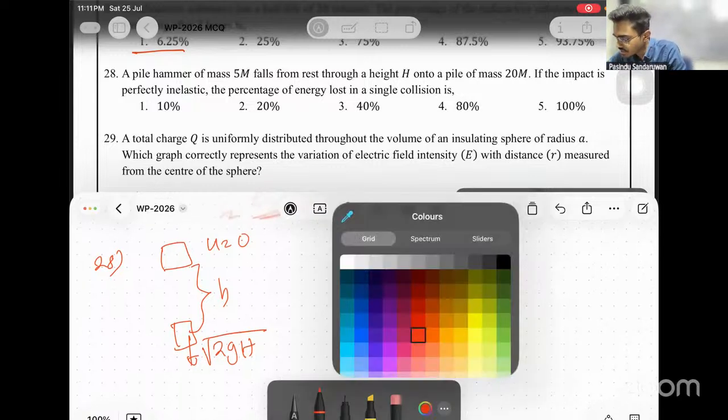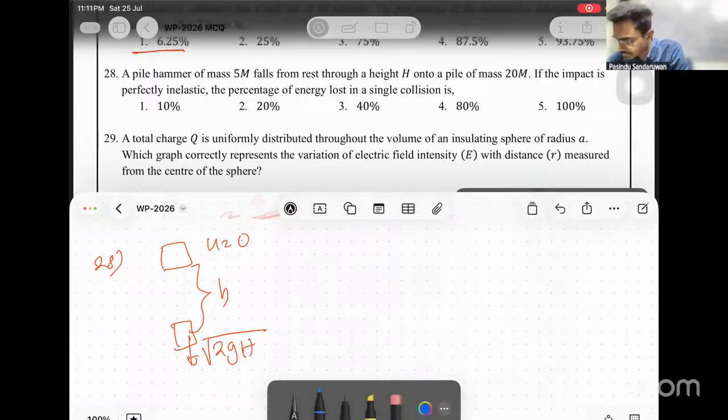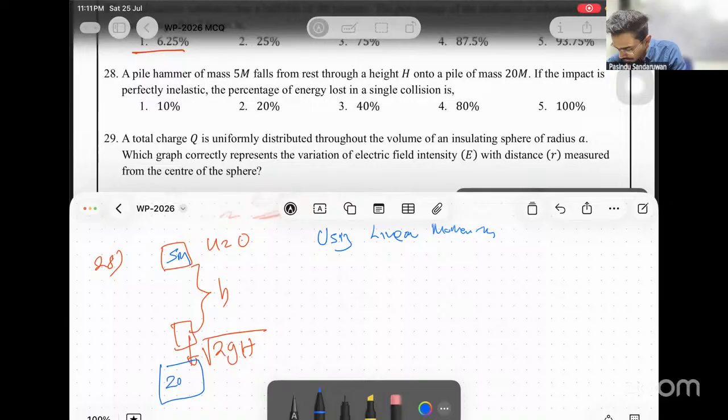Then for that merging, we can apply linear momentum. Initially, the masses are 5m, and this is going to collide with 20m. 5m travels with velocity root 2gh, and 20m is at rest.